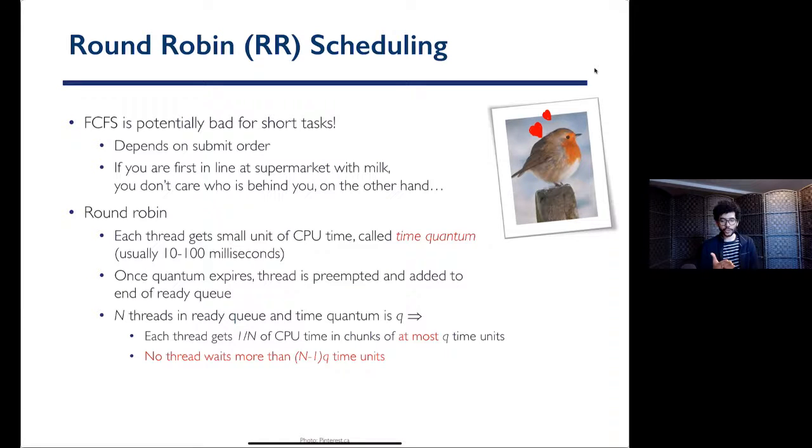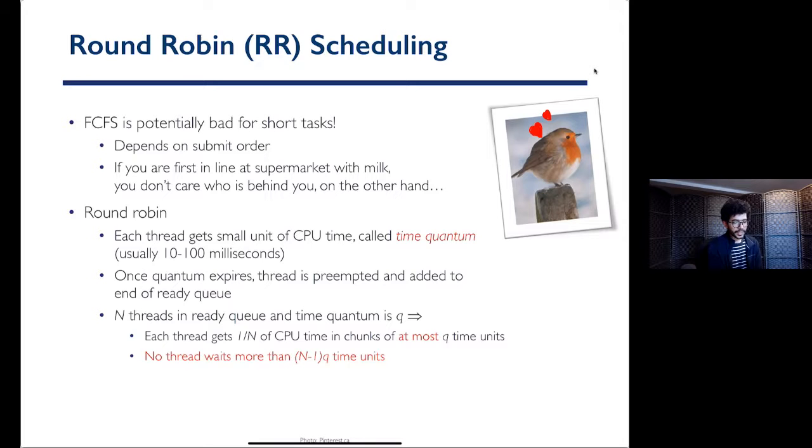If they finish before the time quantum expires, then we go to the next one. If they don't finish, then we wait for the time quantum to expire, and then we context switch to the next task, and so on and so forth.